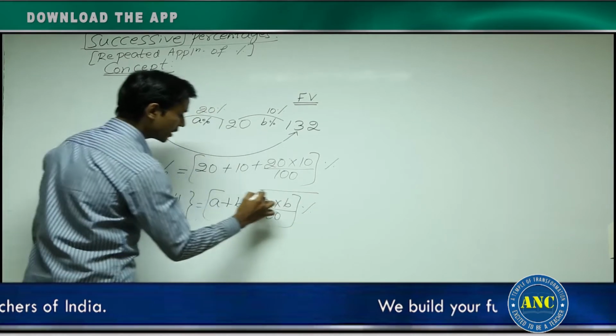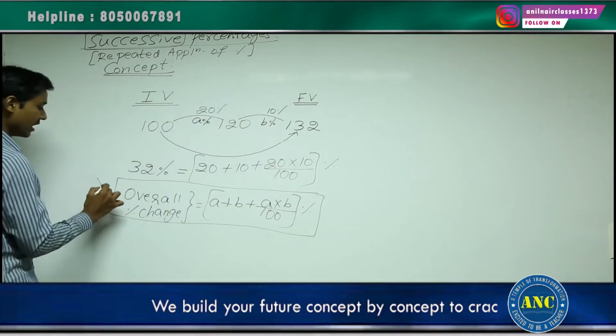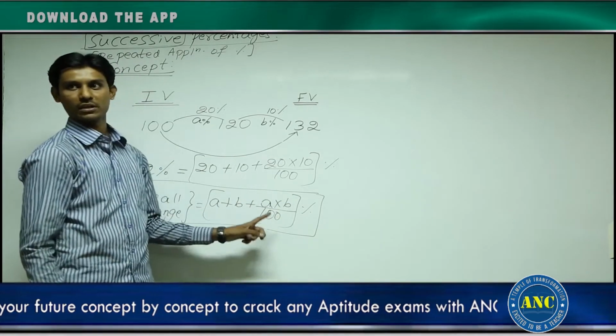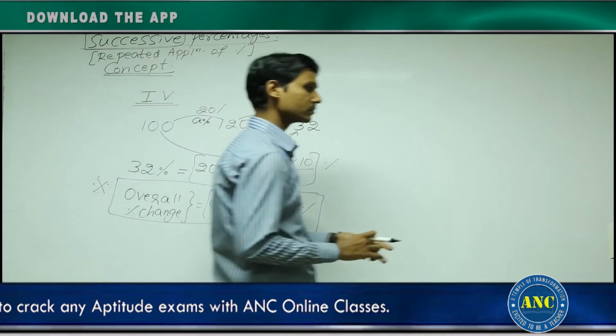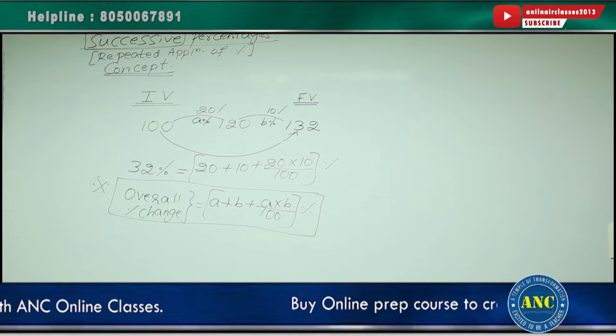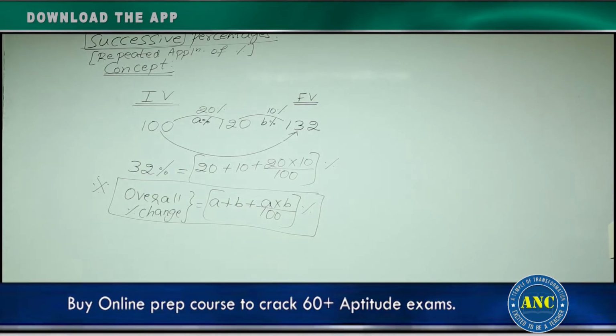Very, very, very important notation. Overall percentage change in successive percentage is given by A plus B plus A into B by 100%. This is the proof for it. Clear, right? First write down this proof.